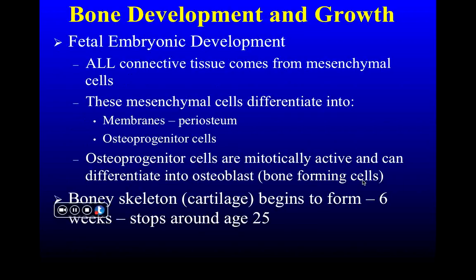So now we're going to talk about the way bone is developed during embryological development or embryonic development. In other words, when you're in mom's belly. Remember, we said that all connective tissue comes from mesenchymal cells.